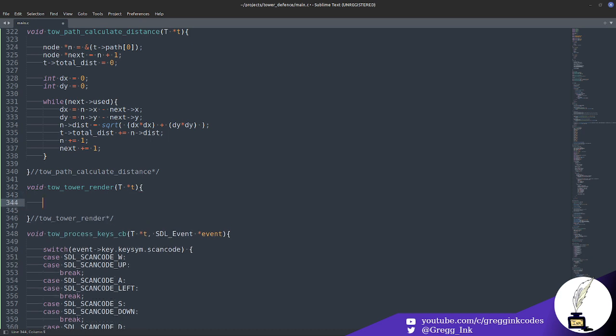Okay, so for the time being, this is gonna be just a blue circle.